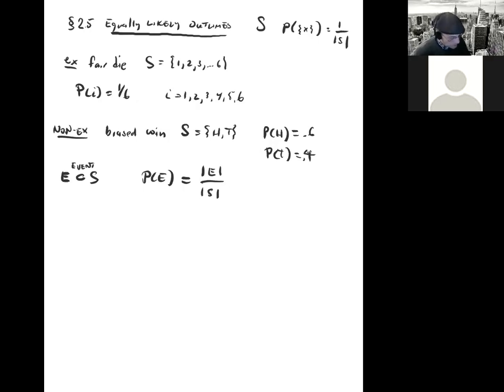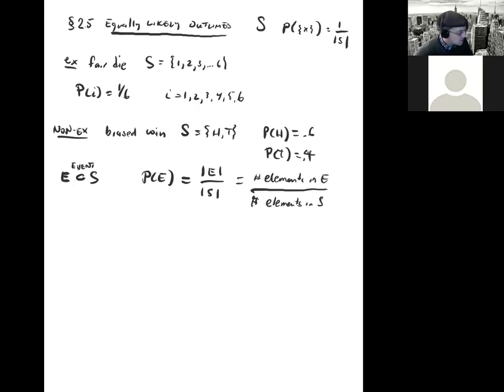Singleton means a set with one element. Then we can sum up the probabilities of every singleton, every outcome in E, and that's what you get. So this is the number of elements in E divided by the number of elements in S.